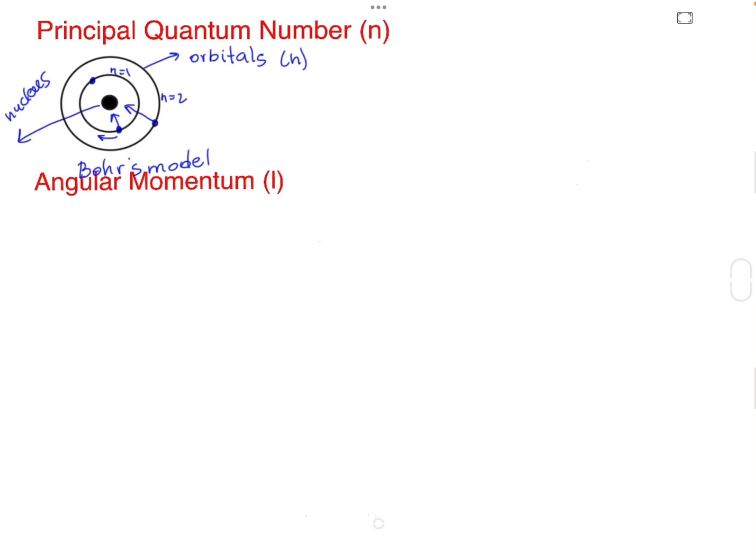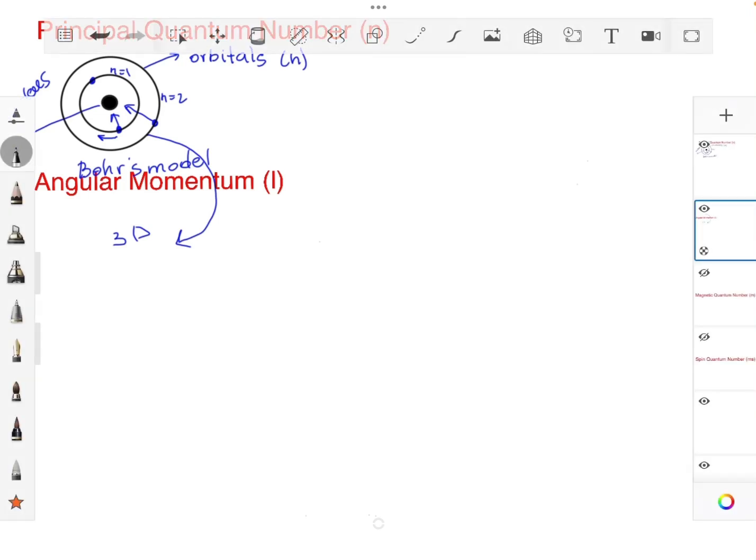But the quantum model replaced those with a 3D standing wave around the nucleus, the probability cloud where the electrons exist. So instead of this 2D, each orbital is now in 3D.